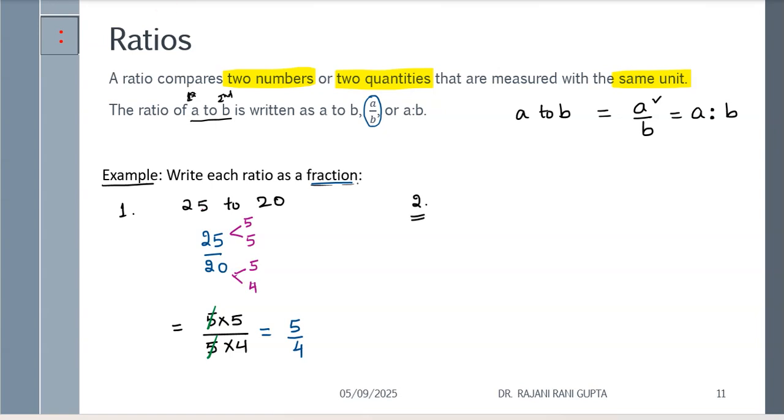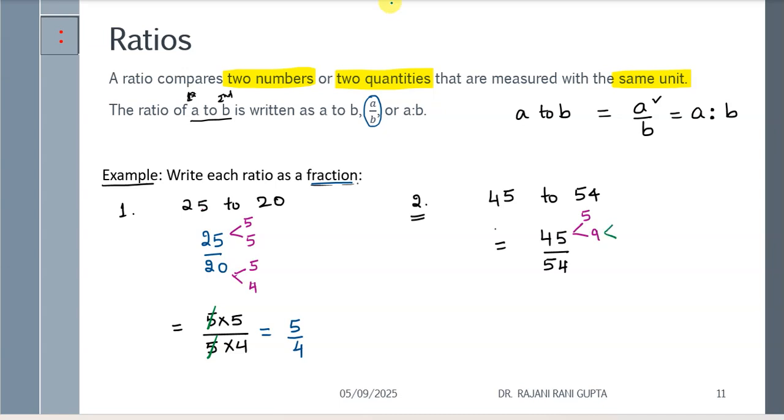Okay, let's take second example. So suppose here you have fraction of, say, let's take 45 to 54. So first of all write it in the form 45 over 54. Okay, so again, this is the first step. Now, second step, write the factors of 45. We know that it is 9 times 5. Can you factorize 9 further?